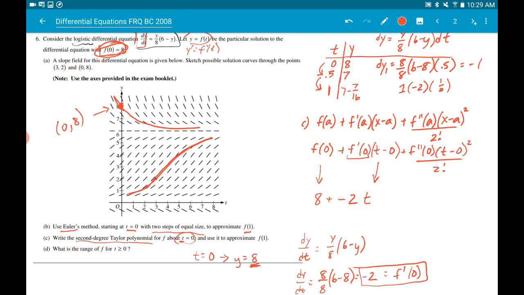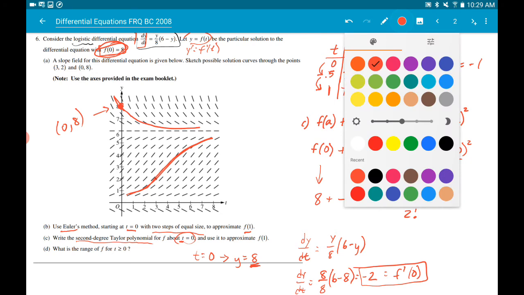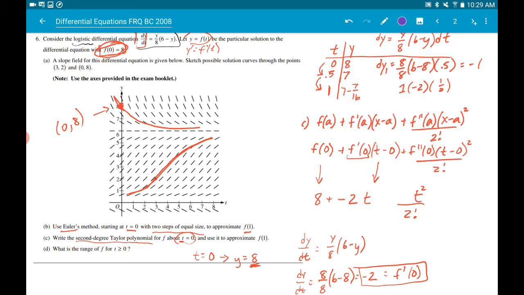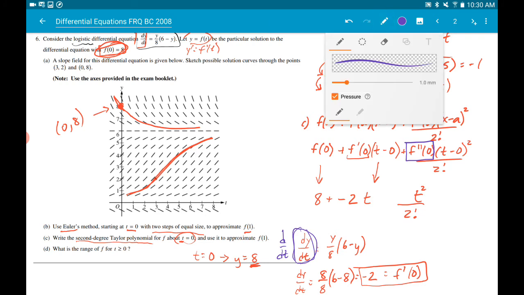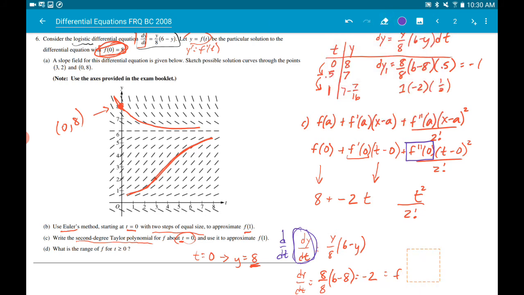The third term, you might see I have a t squared there. I have a 2 factorial down here. That's part of the definition. But I still need to find this second derivative. And the logic's going to be the same down here, except I need to find the derivative of the derivative. I need to find d dt of dy dt. Again, the notation's kind of gnarly. Let me clean up some space here real quick.